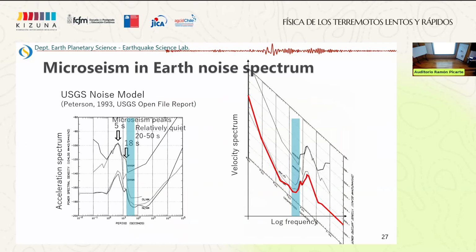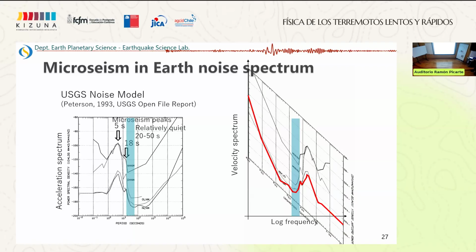Microseism is very well known in seismology. This is a standard noise model between period and amplitude. The microseism is strong around here, 5 seconds or 18 seconds, and around here, microseism is relatively smaller. This is for acceleration.